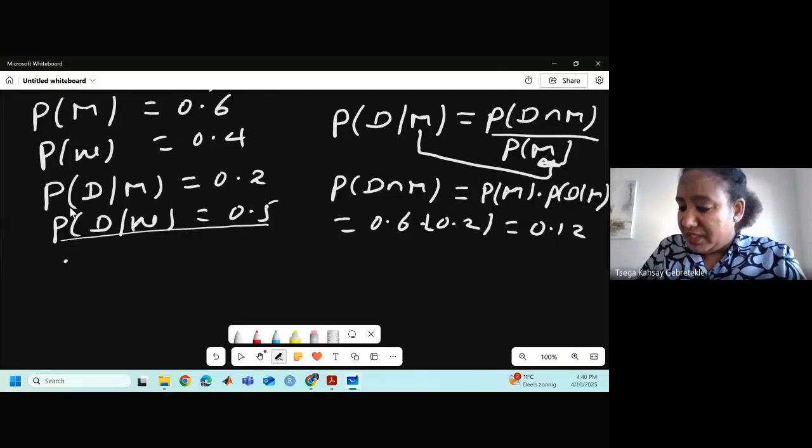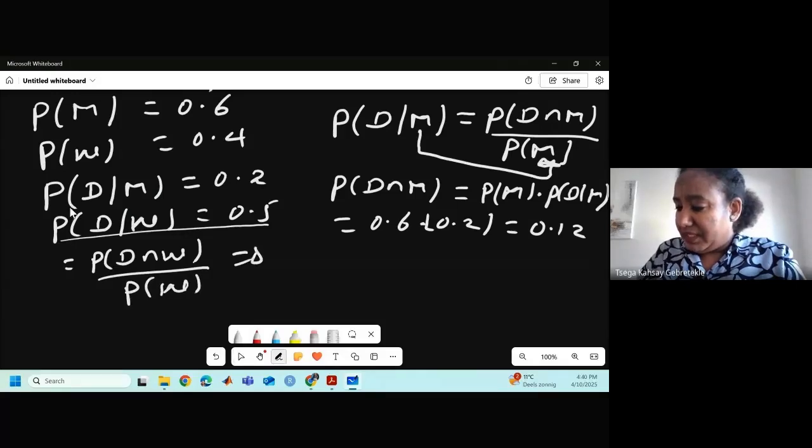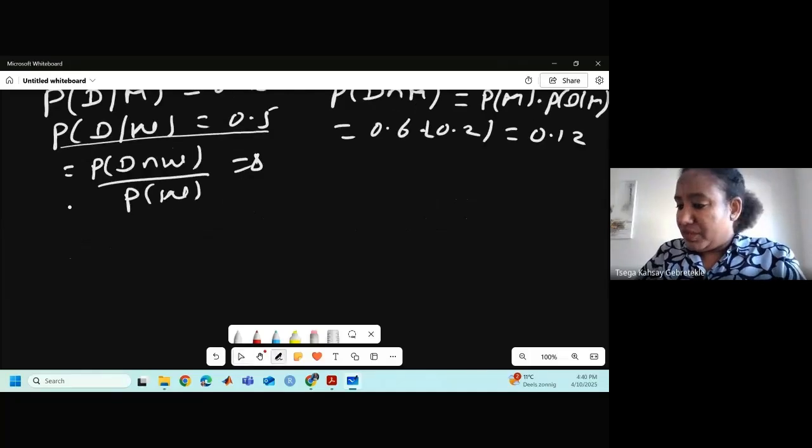Similarly, the probability of D given W is the probability of D intersection W divided by the probability of W, and this is already 0.5.